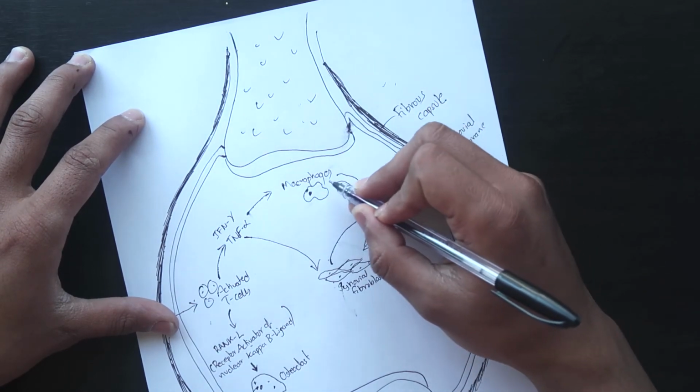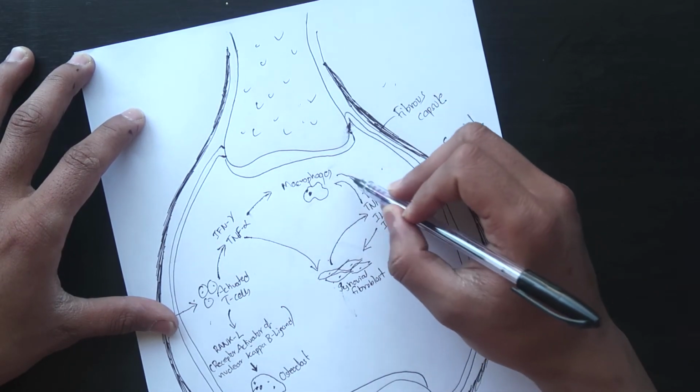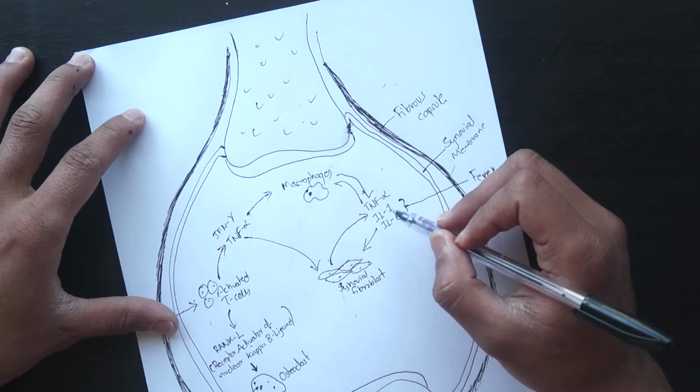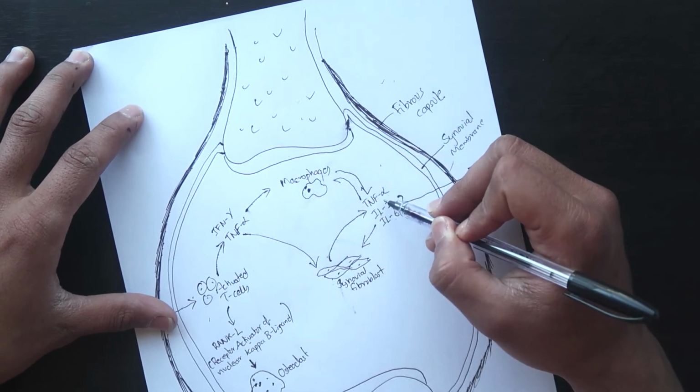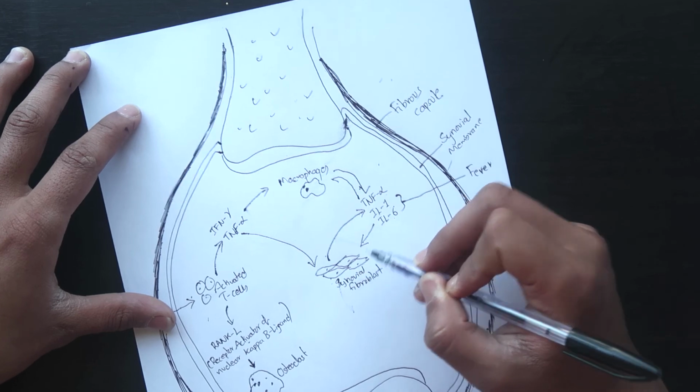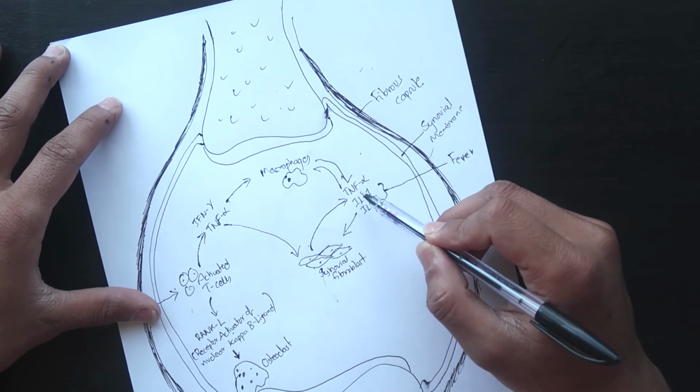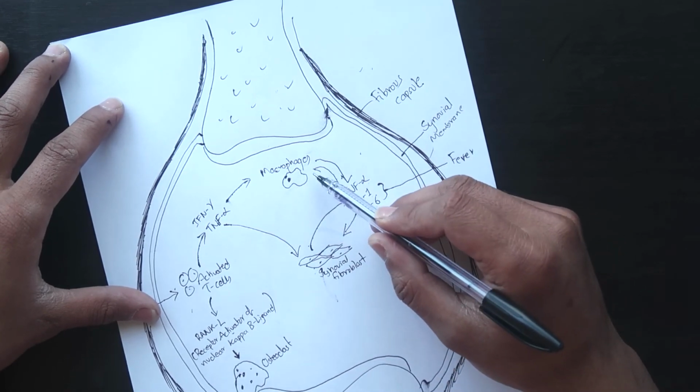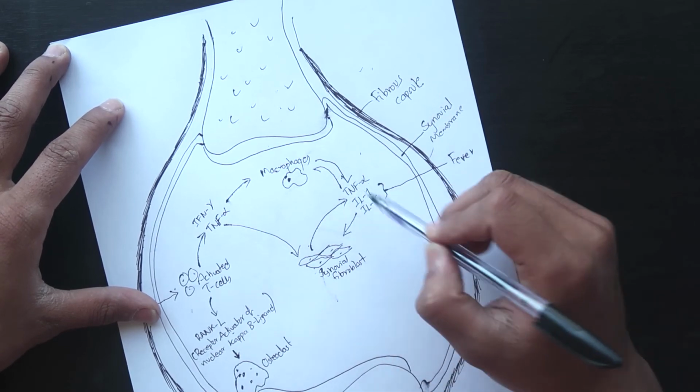So a positive cycle, a vicious cycle, occurs here. Macrophages produce these cytokines which activate the synovial fibroblasts, and synovial fibroblasts again produce these cytokines which activate the macrophages.